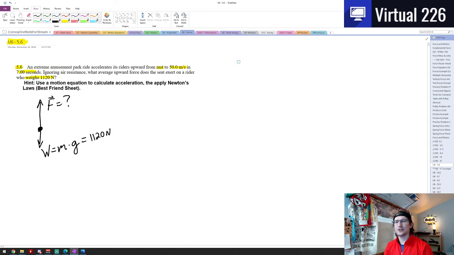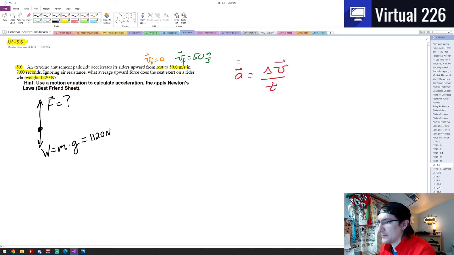We also know that they're going to accelerate, but at what rate? Well, we know they start from rest, so their initial velocity is 0. And we know they end up at 50 meters per second, so their final velocity is 50 meters per second. And if we recall, acceleration is a change in velocity divided by time.